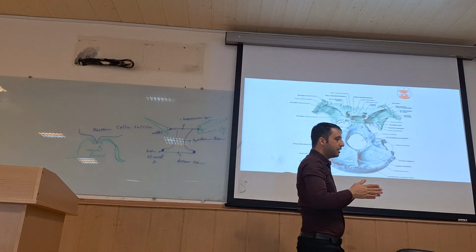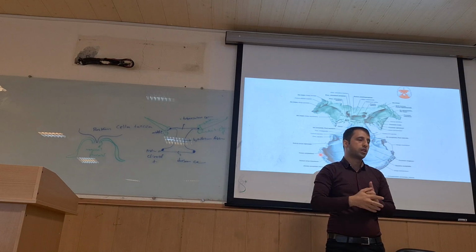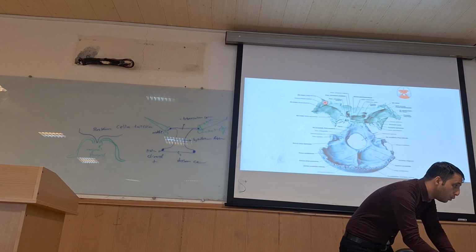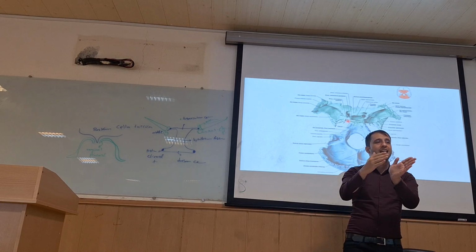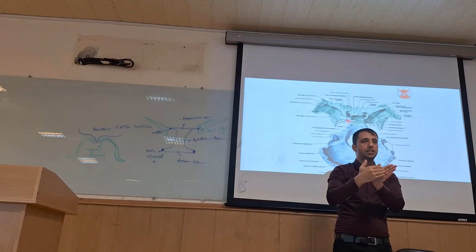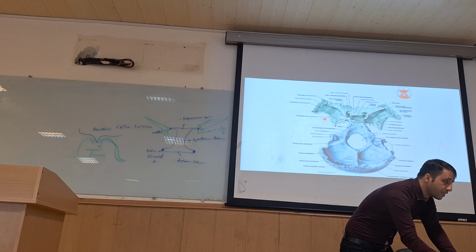I said that the greater wing has a border which is named the peripheral border. Here, here, and here. The peripheral border has an anterior part and a posterior part.